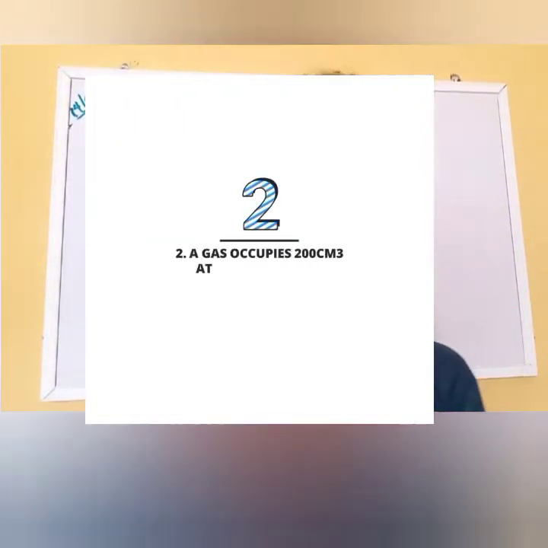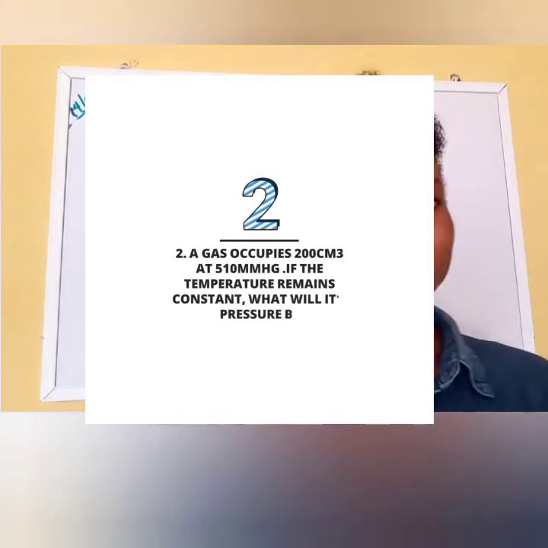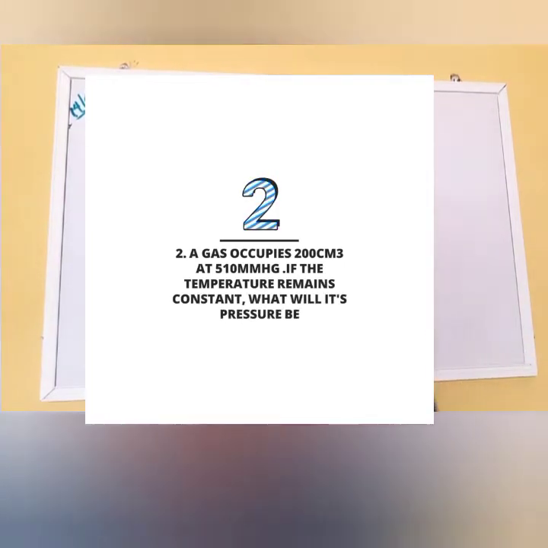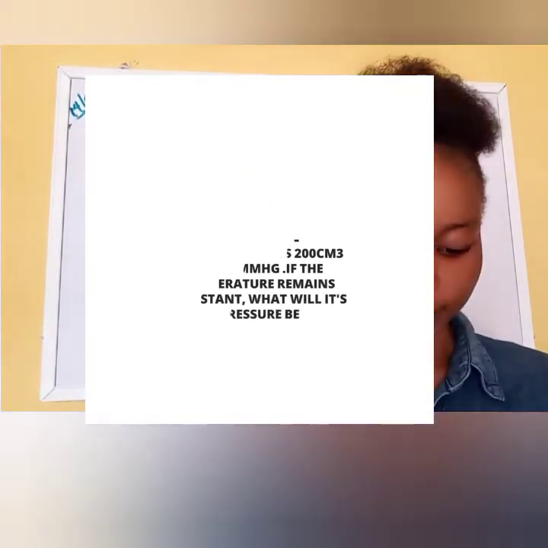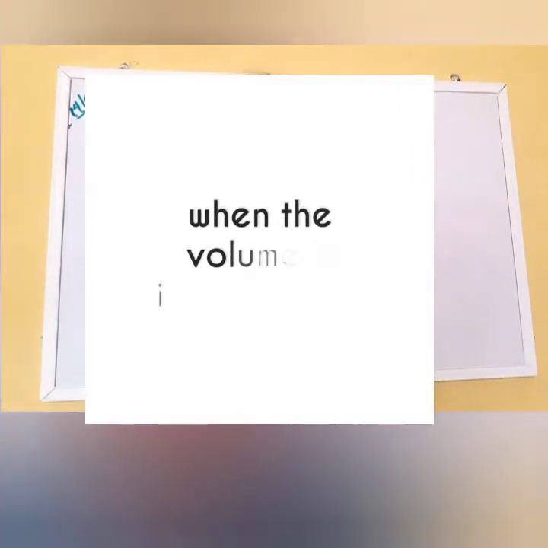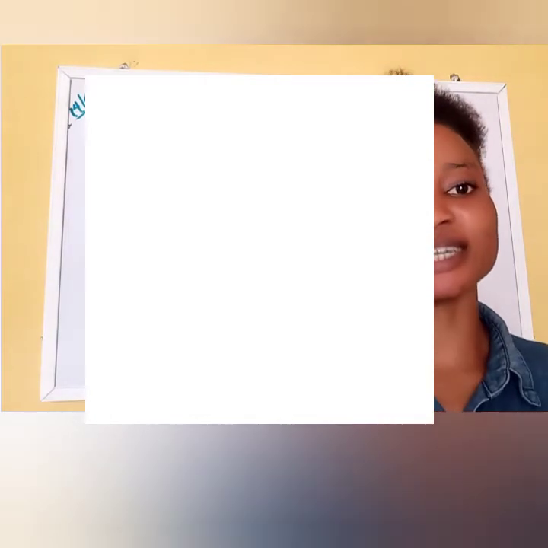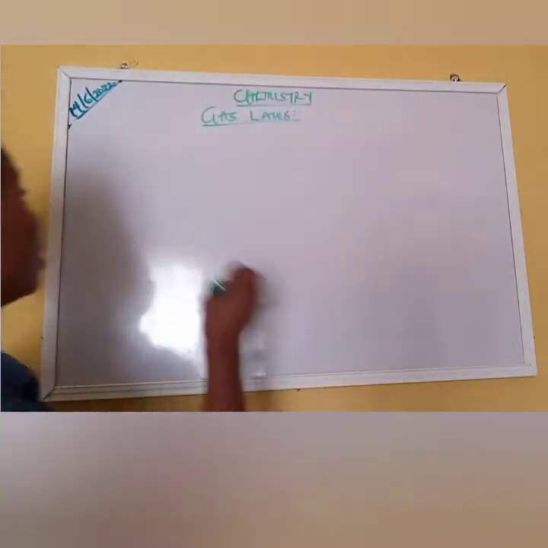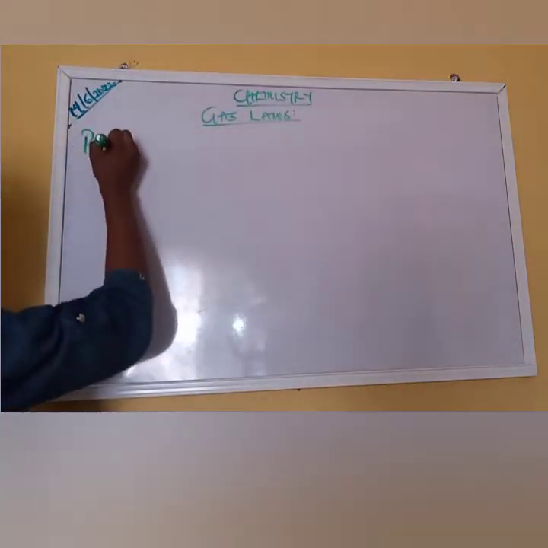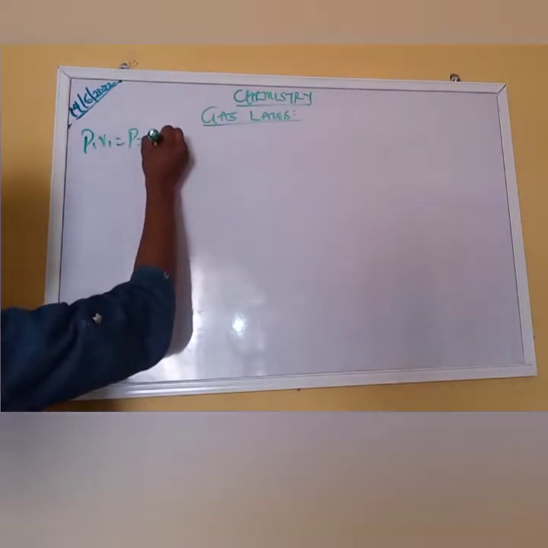Question 2: a gas occupies 200 centimeter cube at 510 millimeter mercury. If temperature remains constant, what will its pressure be when the volume is increased to 131 centimeter cube? Still on the formula P1V1 is equal to P2V2.